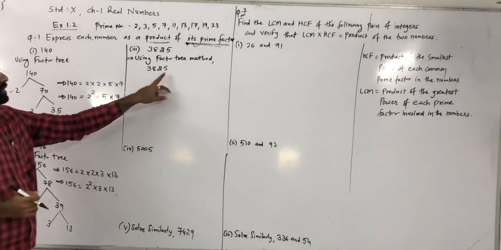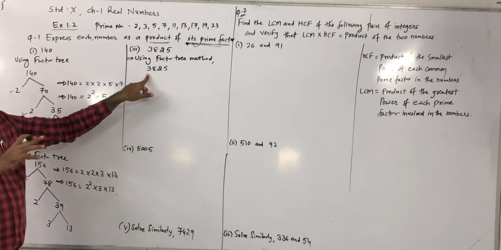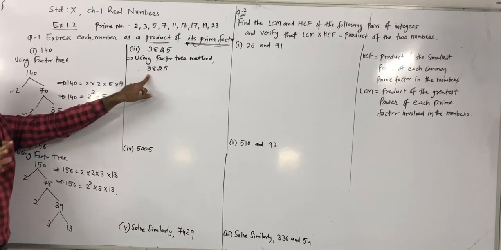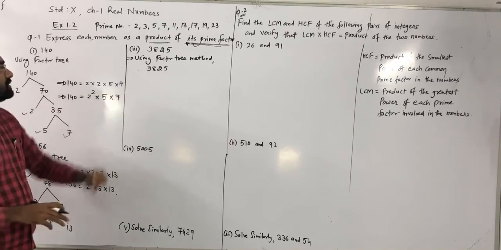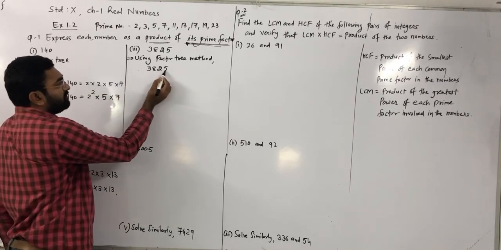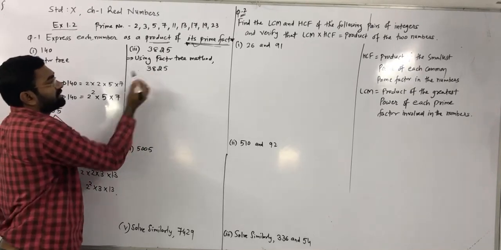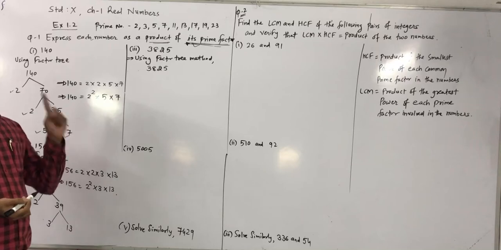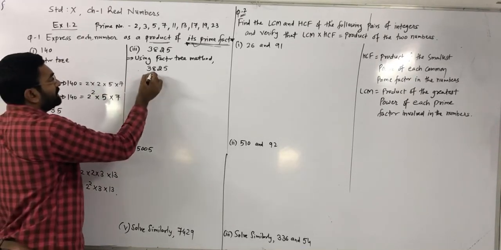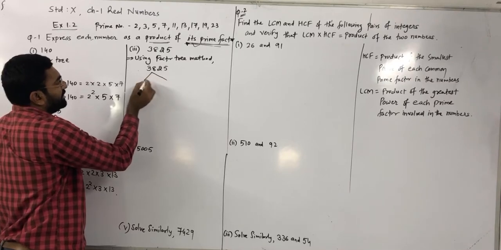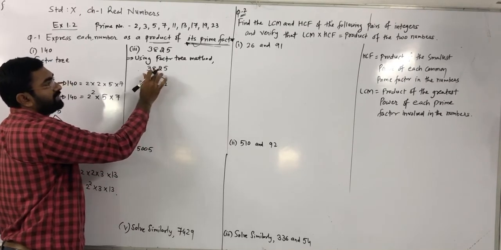What you have to do is add each and every digit, and if the number you get at last is divisible by 3, then the given number is also divisible by 3. So add up every digit: 5 plus 2 is 7, 7 plus 8 is 15, 15 plus 3 is 18. 18 is divisible by 3, so that number is also divisible by 3. If you divide it by 3, 3 ones are 3, 3 twos are 6, so here we get 2 as a remainder.